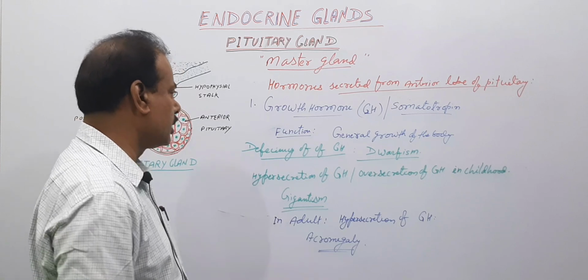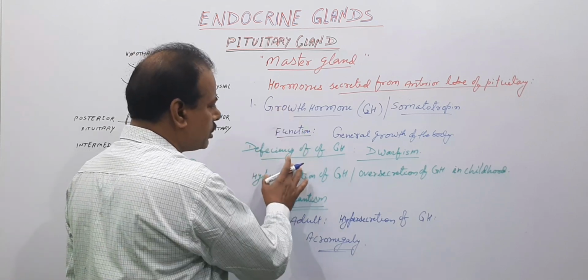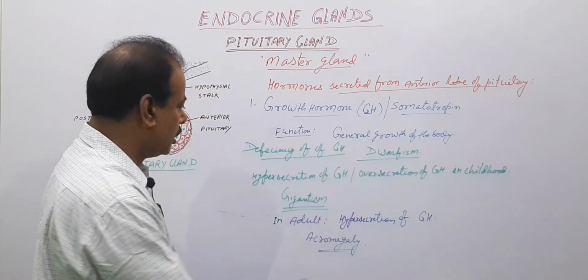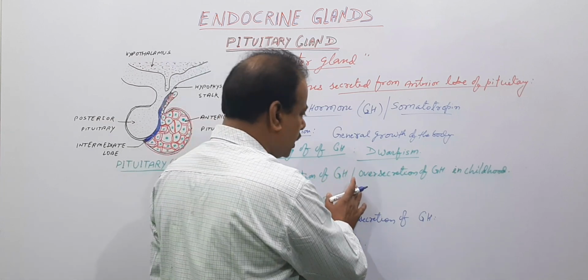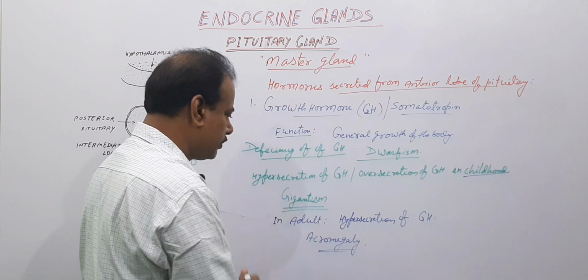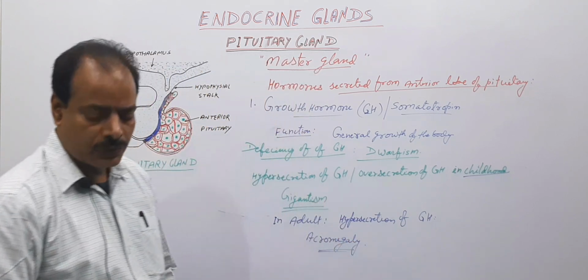So it is acromegaly. So here, due to deficiency of GH in childhood, dwarfism can take place, and hypersecretion of GH in childhood may cause gigantism, and in adults it causes acromegaly.